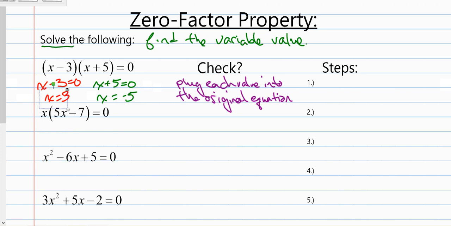Now, when you have something that starts out factored, we're not so interested in checking the values. We will when we are factoring ourselves because we want to check to make sure we factored correctly.